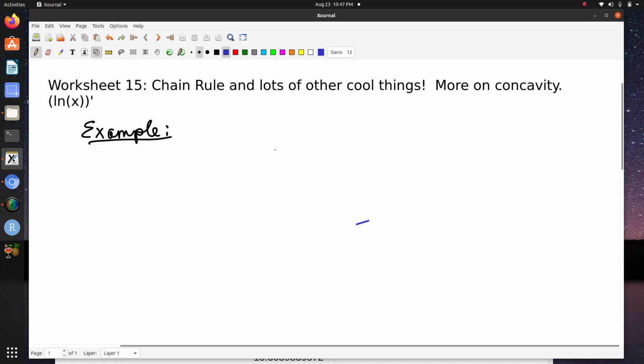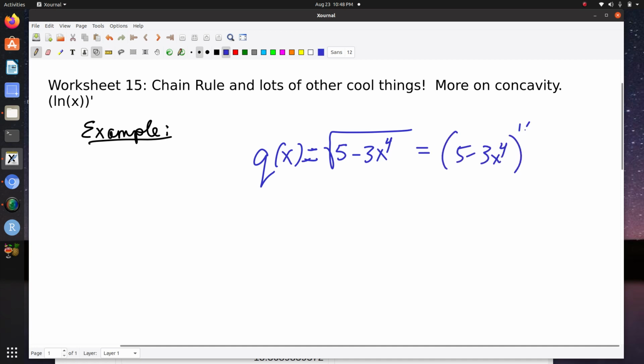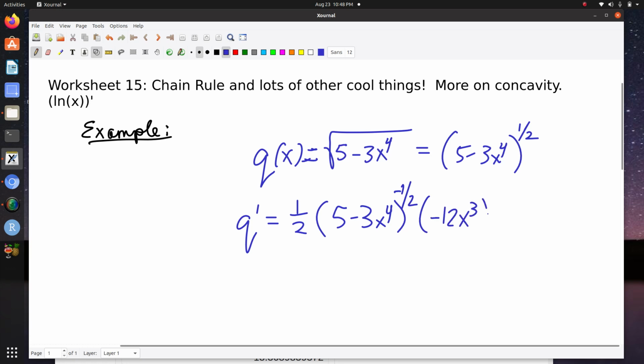What about if you do something like this? Okay, so this guy can be rewritten like so, and then the derivative is going to be like that.